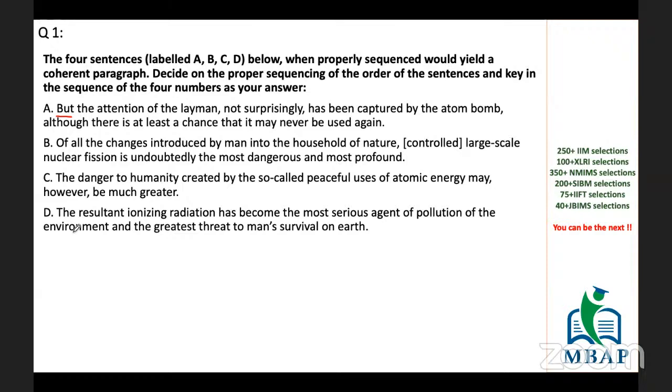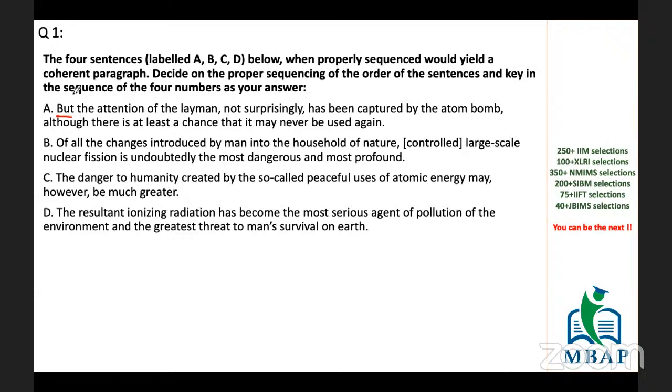If I say Akshay is a good boy, but, what comes to your mind is that now I'm about to say something bad about him, because but most of the time brings contradiction. So this cannot be our first sentence, because there has to be a sentence before it which is talking about something contradictory or some other information. So this cannot be our first sentence.